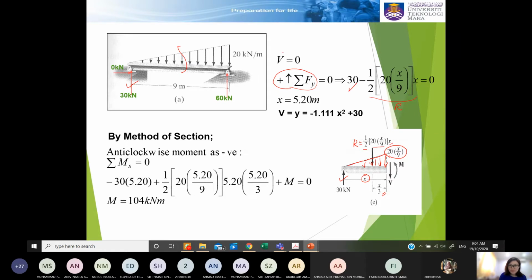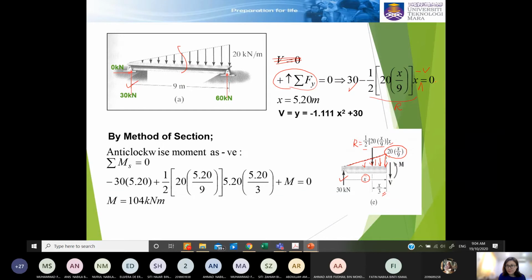Can you help me on this? Can you take this out? So this is not done yet. We have included 30, we have included the resultant, and another one is the V. V is minus V. You should put it here.